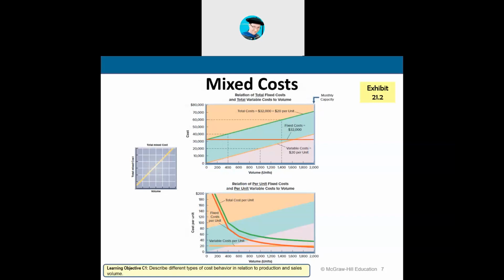Now, here's an important concept. We understand variable costs, we understand fixed costs, but what about mixed costs? We talked about this briefly before. Remember when we talked about electricity as being a mixed cost? It's both fixed and variable. Why is that?